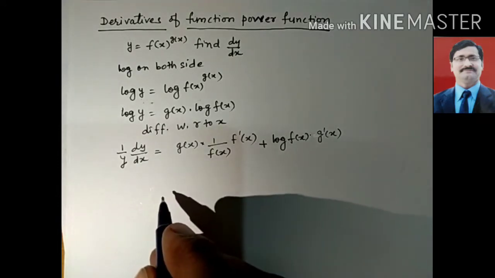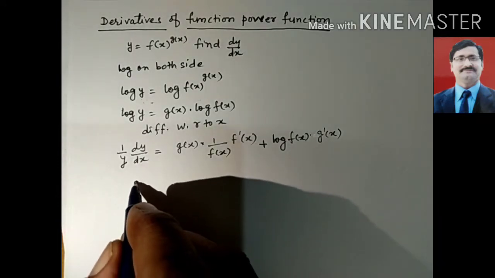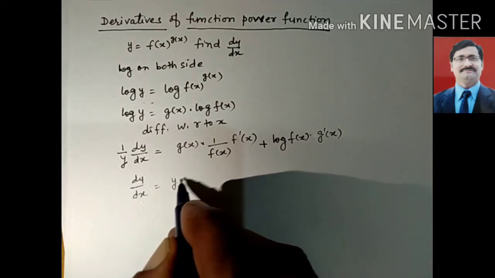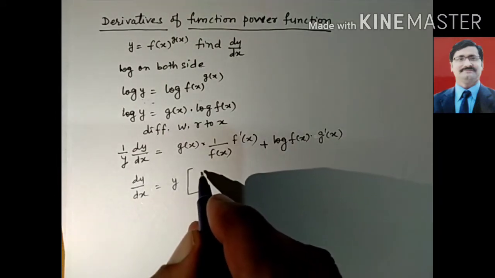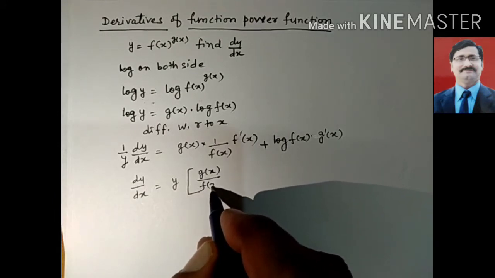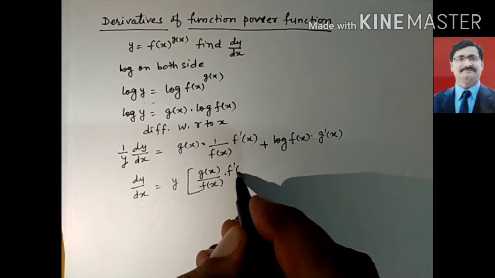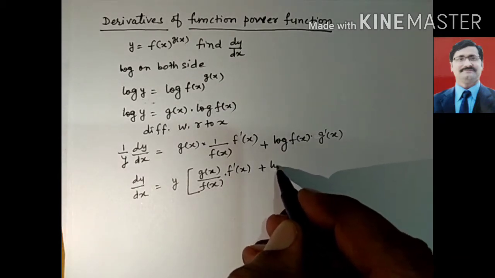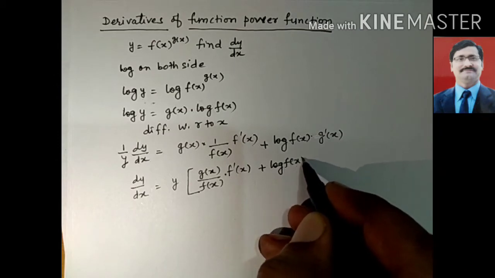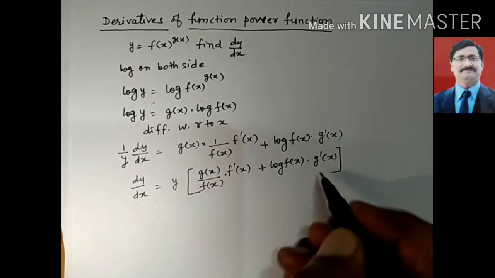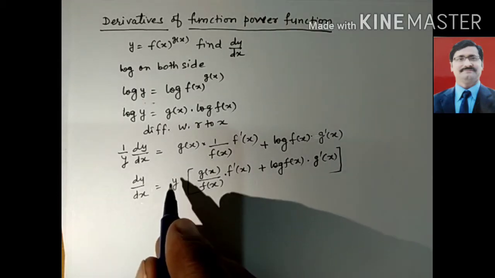Now you write in a proper way: dy by dx equals y, which you can transfer, bracket you can mark, g(x) upon f(x) into f dash x plus log f(x) into g dash x. Okay, and what is y?